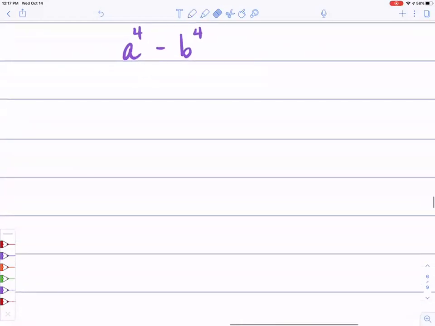How would you have factored a squared minus b squared? A minus b times a plus b. That's a difference of squares. So is this. How would you have factored this in Math 102 and Math 110?